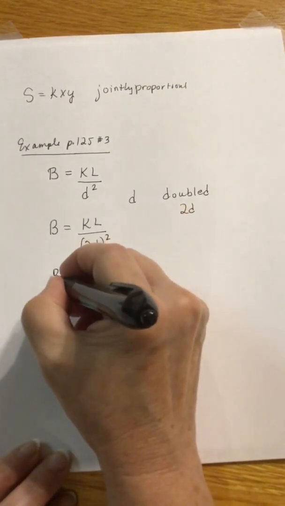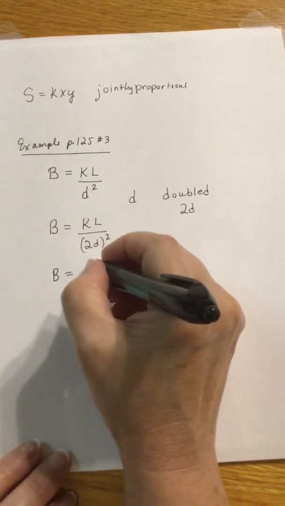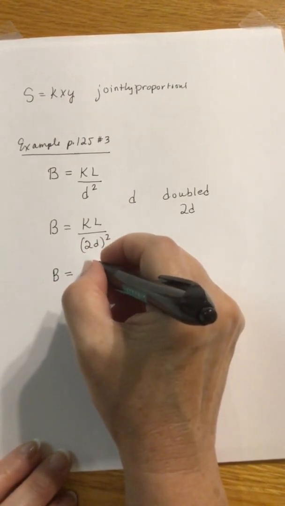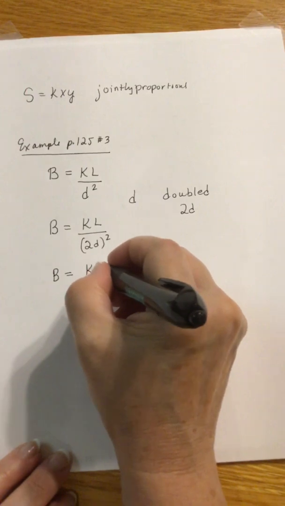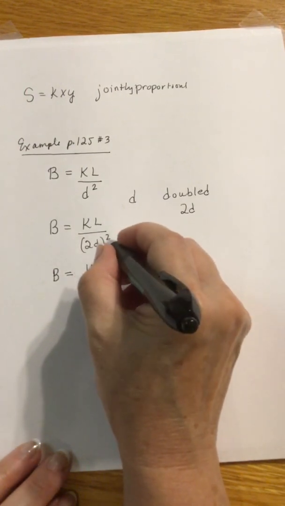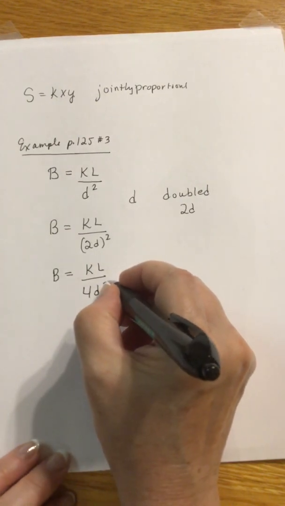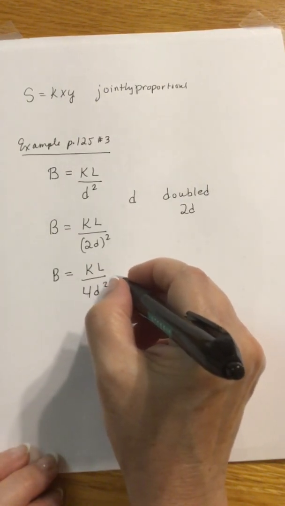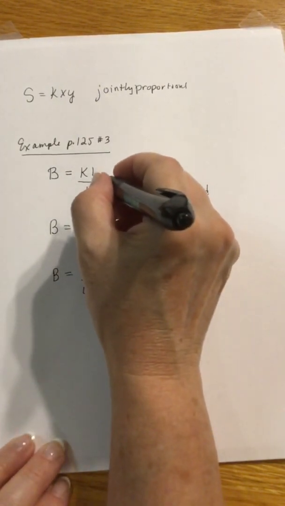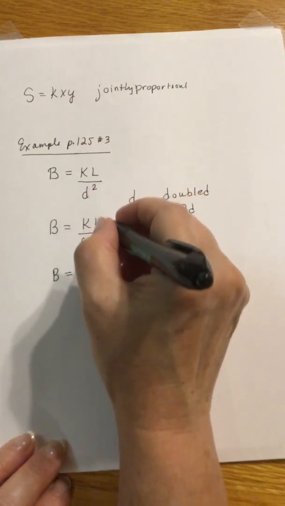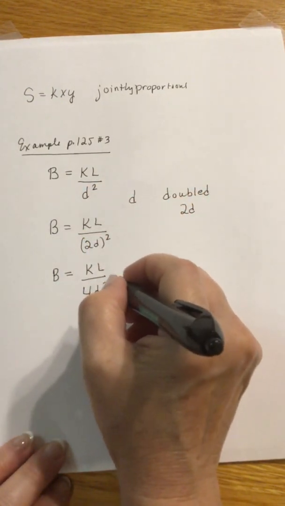So I have B equals KL, and if I square this, the 2 is squared and the D is squared, so I get 4D squared. So the first one was KL over D squared, but now I've got KL over 4D squared.